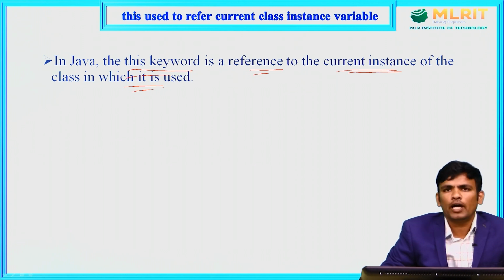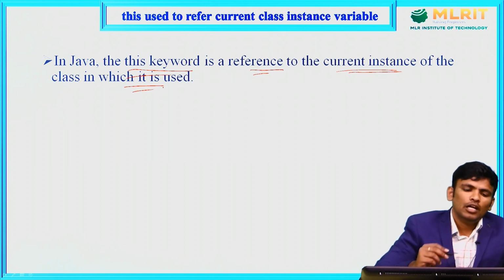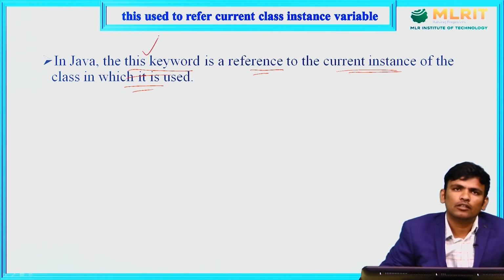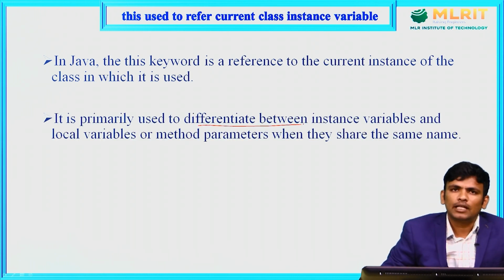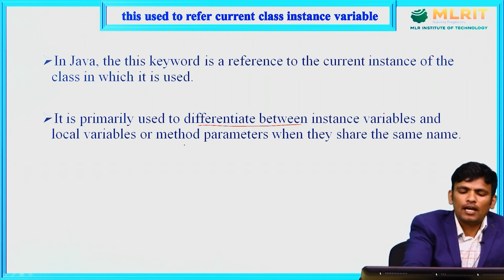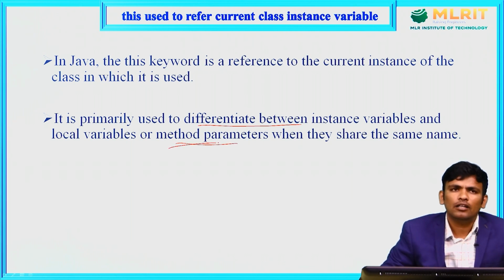So if you want to access and differentiate instance members, we will use the this keyword. It is recommended when both names are the same, like instance variables and method parameters or local variables.